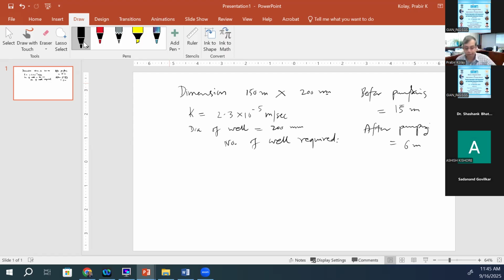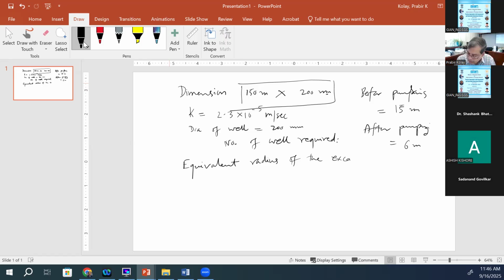That's the problem. First, because the dimension is a rectangle, you have to find the equivalent radius of the excavation.